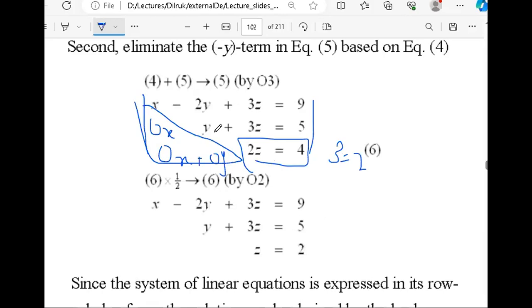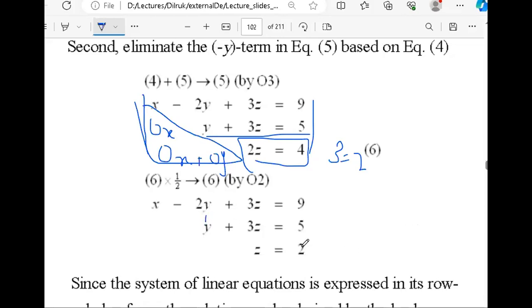Then if you go to the second equation, it consists of y and z variables, but you already found the value of z, right? Substitute that value of z into this, then you can find y.